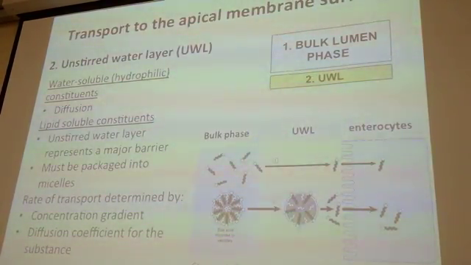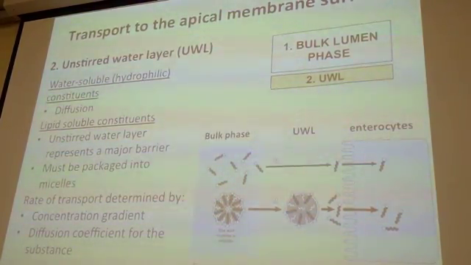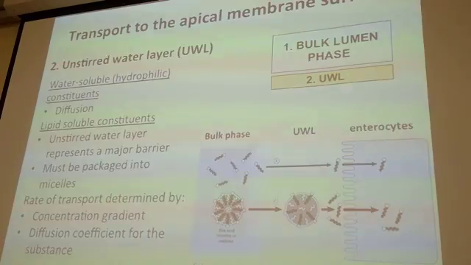So requiring some energy. We talked about a variety of different barriers to transport, and so depending on what type of nutrient or molecule you are, you might face different barriers, whether you're a fat-soluble vitamin or a glucose molecule, right? You're going to have different barriers to your transport. One of these was the unstirred water layer, which is going to primarily be a barrier for fats or fat-soluble materials. And the unstirred water layer is just a thin layer of water immediately proximal to the brush border, and it's just created because all the proteins on the brush border of the enterocyte have lots of glycans, which are extremely hydrophilic.